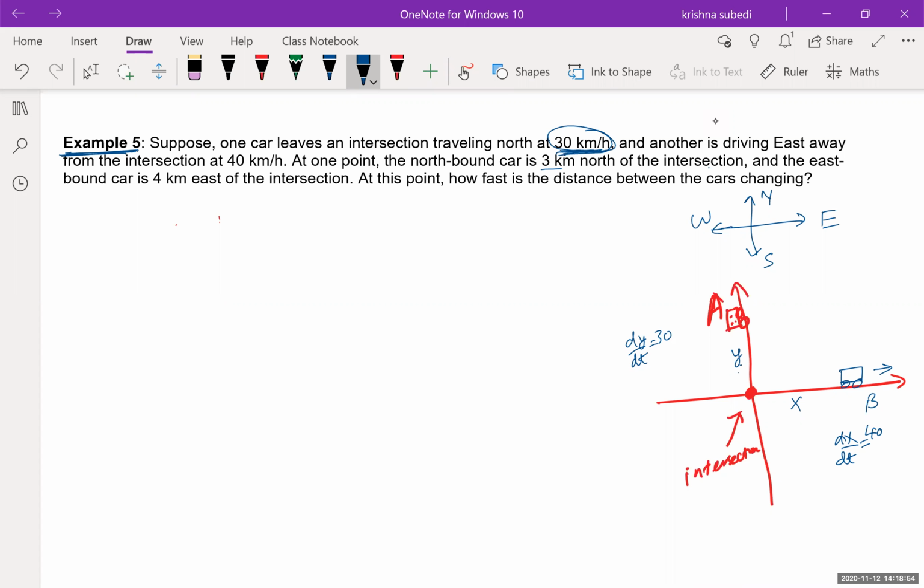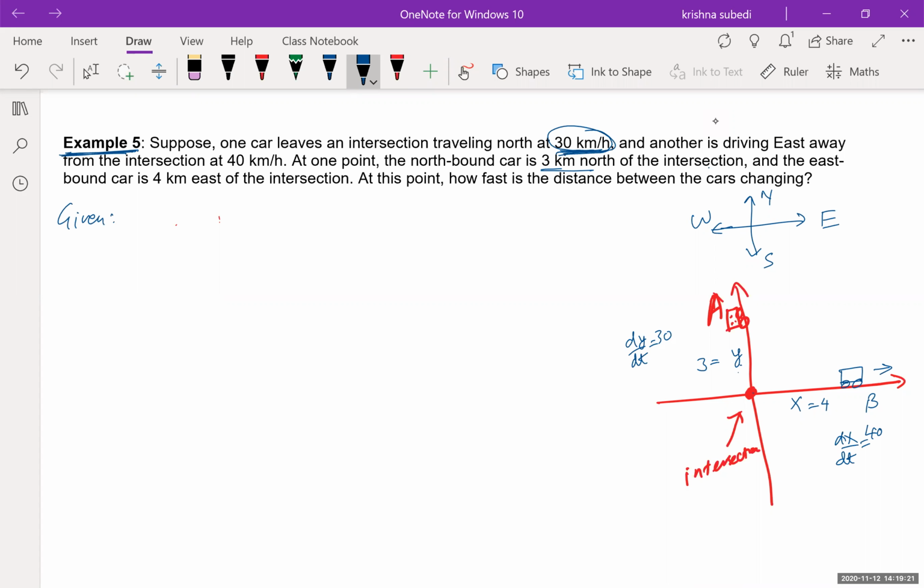At one point, the northbound car is 3 kilometers north of the intersection. So y equals 3 is given at some point. This will be 3 kilometers from the intersection, and this will be 4 kilometers from the intersection. This is given. So let us write that.